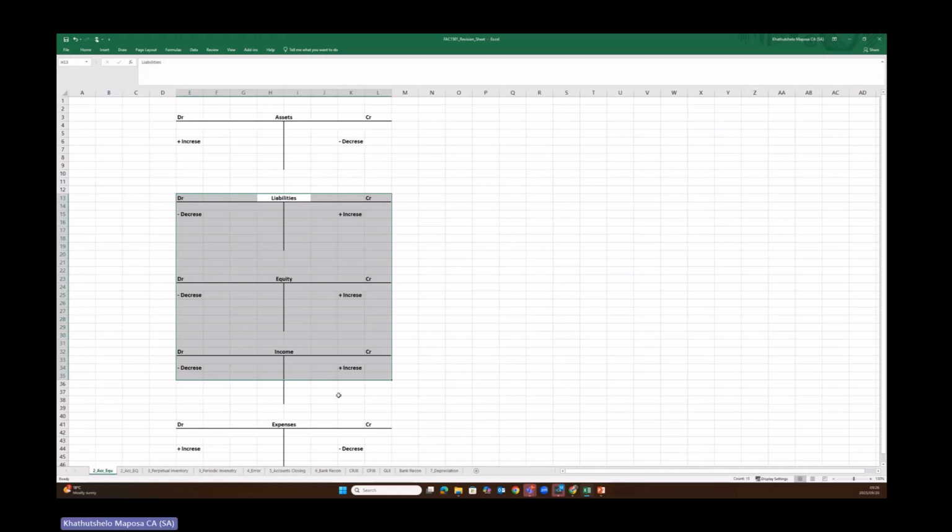So income accounts are all the income that we get, or revenue accounts. If you see revenue or income, those are the same things, just using different words to describe them.